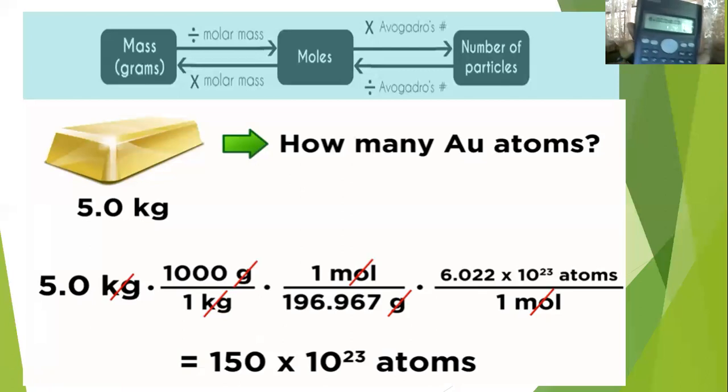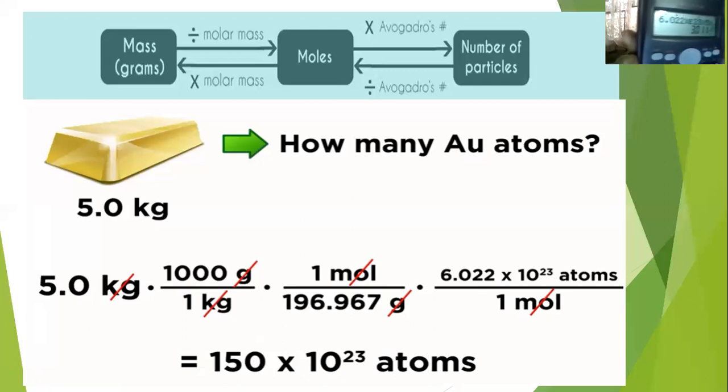Then multiply this with 5. Multiply this with 1,000. Okay. This is it. That is the answer.